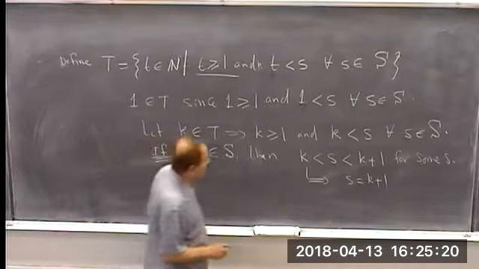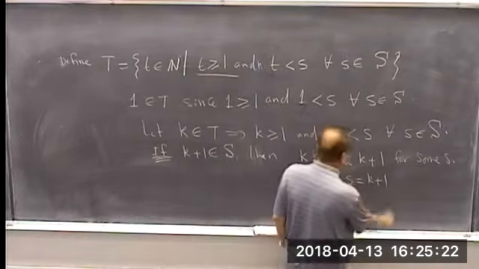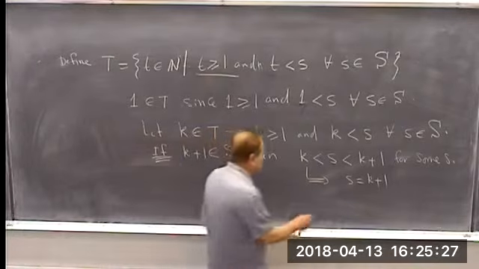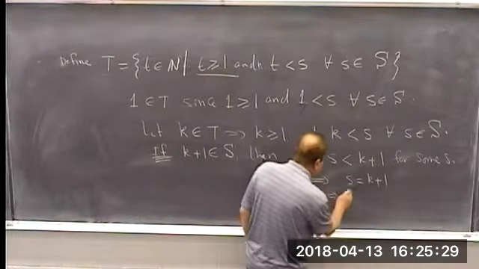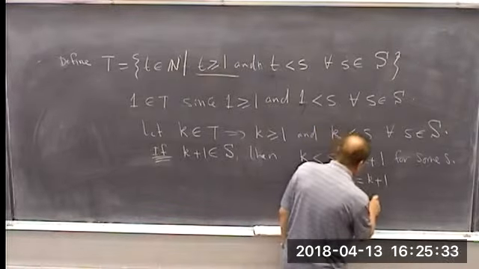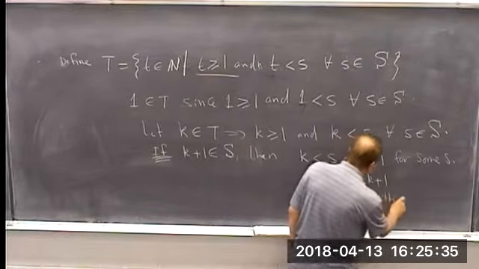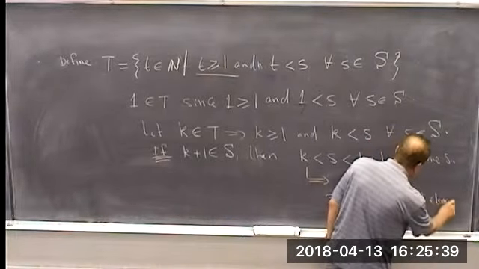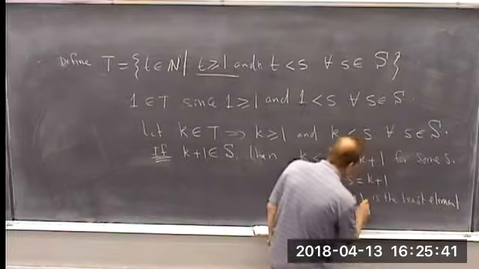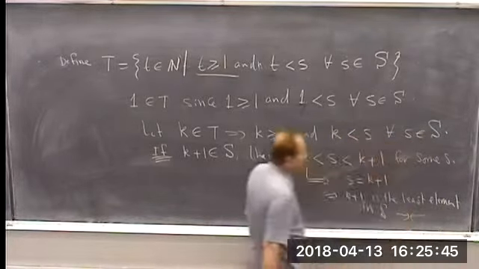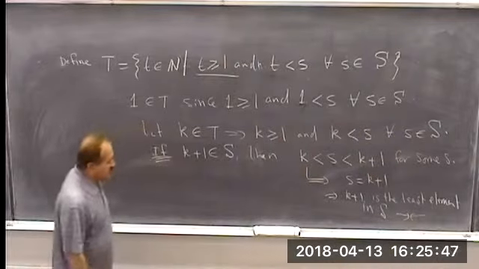So we have here s is equal to k plus 1, all right? And this would imply that k plus 1 is the least element in S. But this is a contradiction because we assumed that S has no least element.